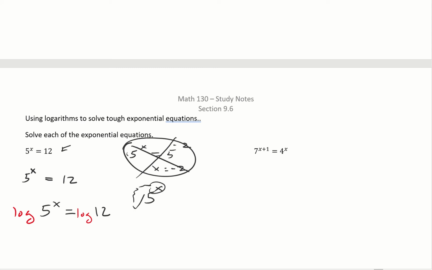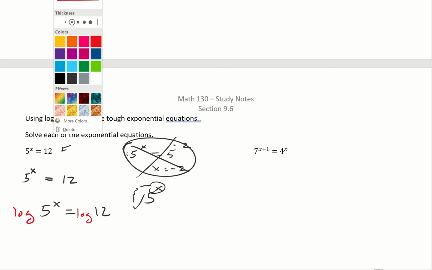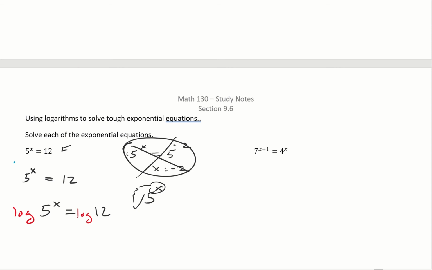If the logs are equal, the numbers are equal. That's from the last video, okay? What does this allow us to do? Well, it's property, baby. It's property 3. Property 3 says a power inside can crawl down the log like a kitten out of a tree, and you have the following. You have x times log 5 is equal to log 12.